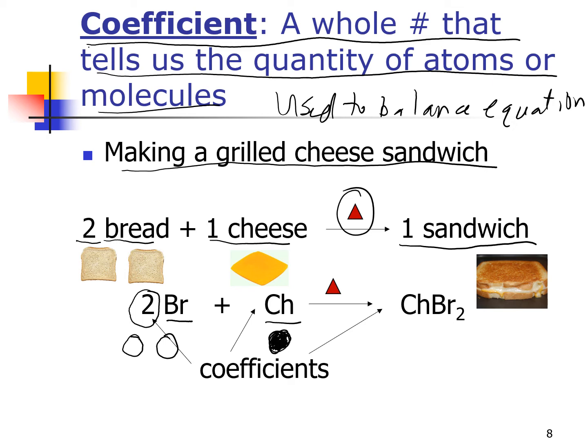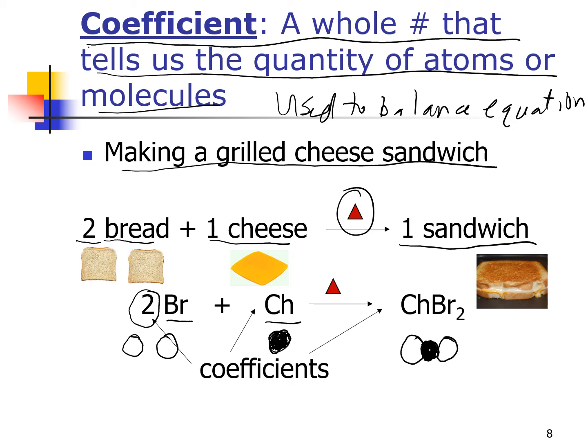When I combine them together and I add heat, I undergo my chemical reaction and I produce CHBr2. Drawing that at a molecular level, I still have one piece of cheese, and it is now combined with 2 atoms of Br attached to it. So this is showing me that I created a molecule from these different elements, these different atoms.